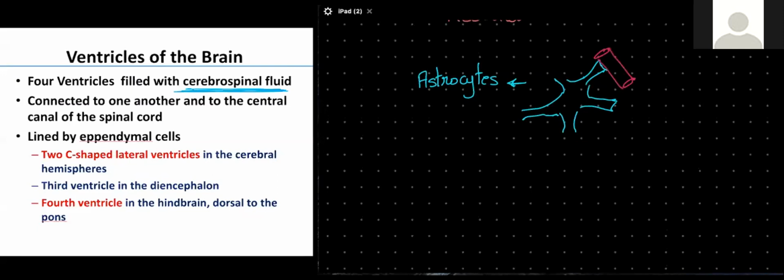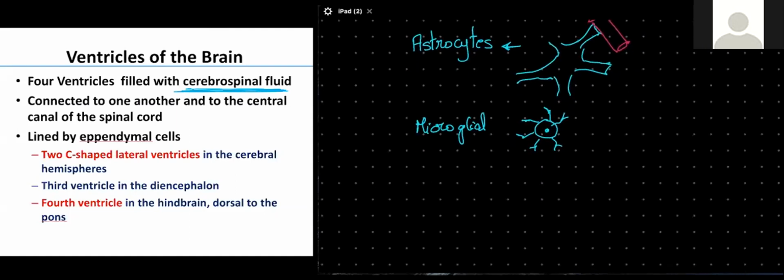We've seen microglial cells, which are much smaller in size, that are defensive cells that attack any bacteria or virus that finds its way towards the nervous system. We call those microglial cells.